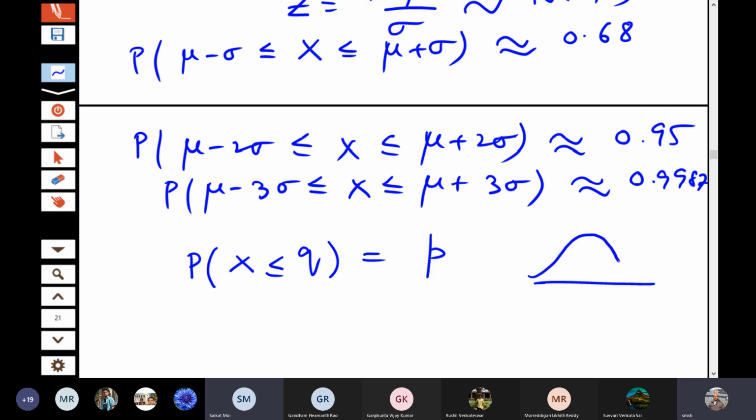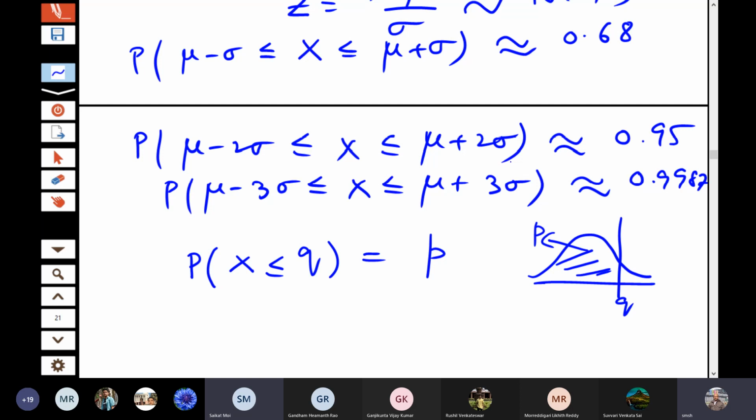In the general normal distribution, if q is the point such that the probability up to this is p, so these are such points, isn't it? Because mu minus sigma to mu plus sigma is 0.68, mu minus 2 sigma to mu plus 2 sigma is 0.95. So these kinds of points are important.